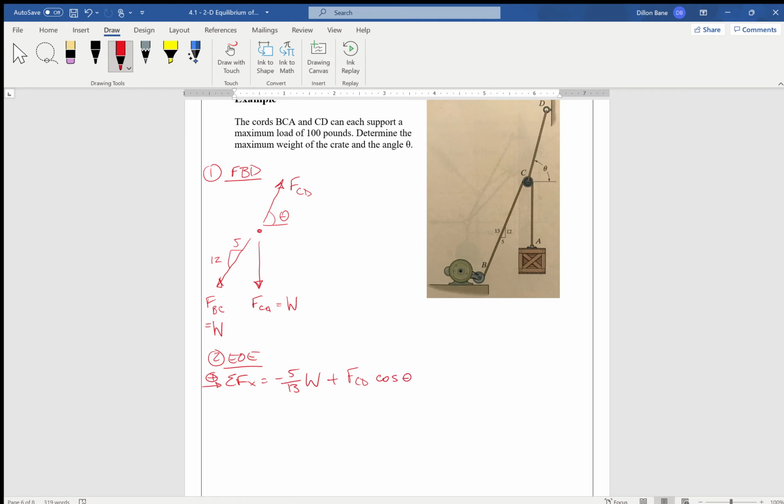Those are the only two forces acting at point C in the x direction. It's in equilibrium, so we set that equal to 0.